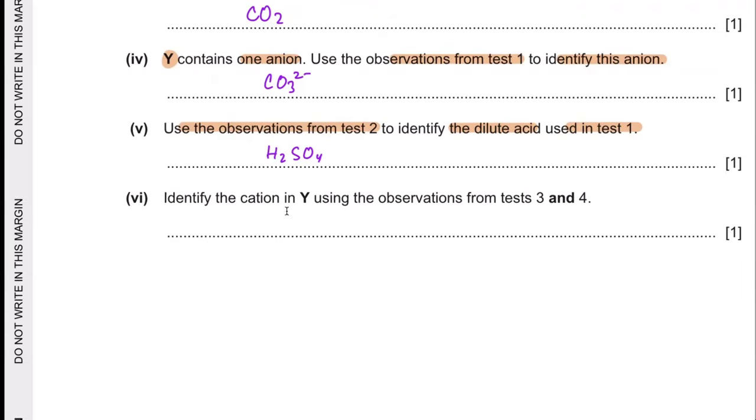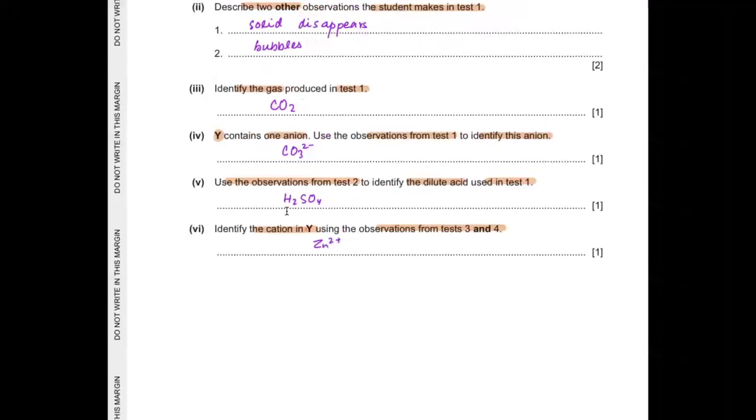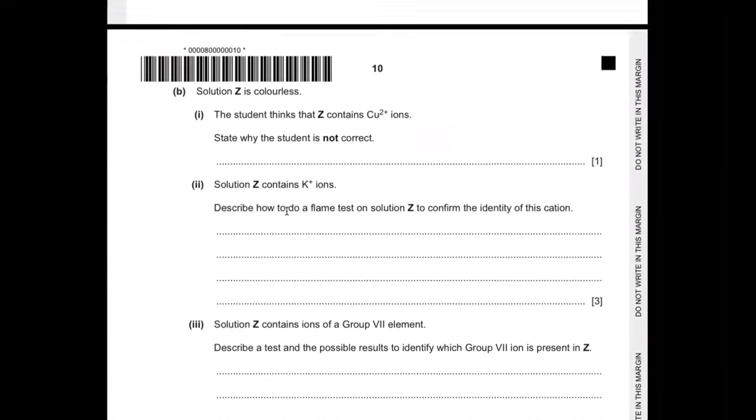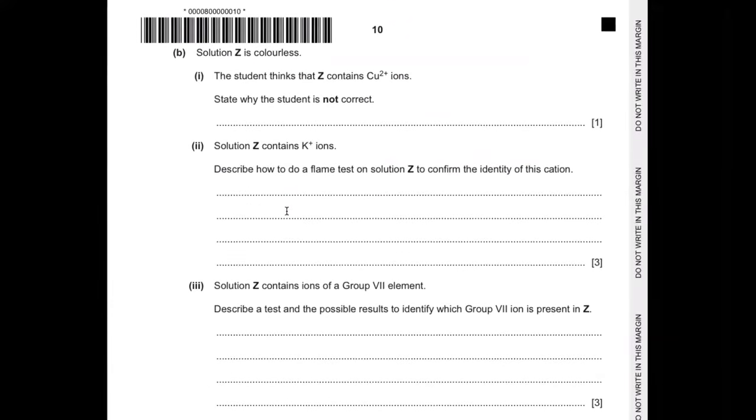Now, identify the cation in Y using the observations from tests 3 and 4. We have already identified that it's a zinc ion, right? Any confusion so far? Okay. Solution Z is colorless.